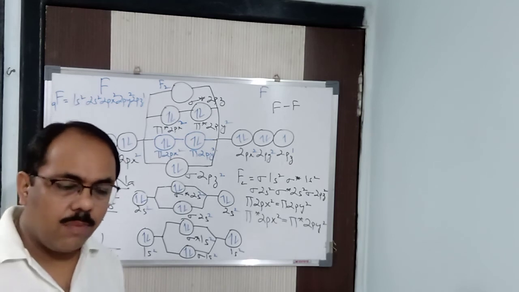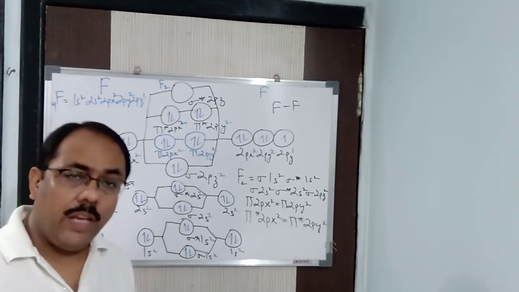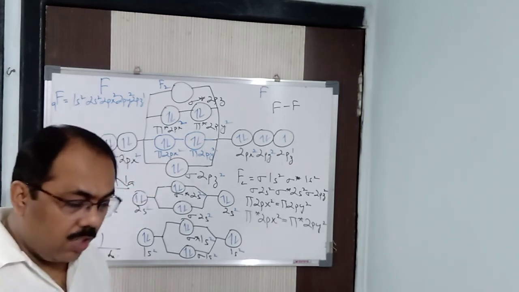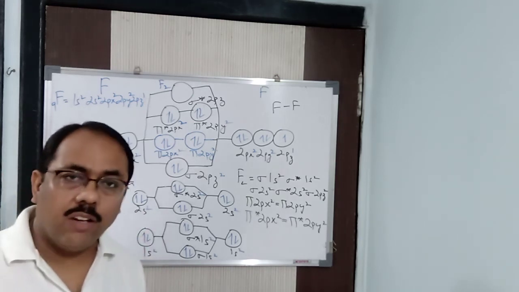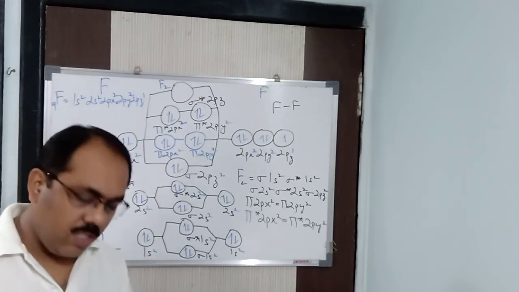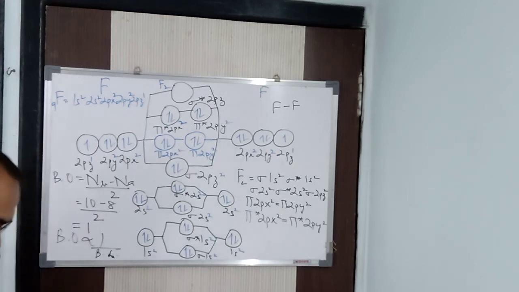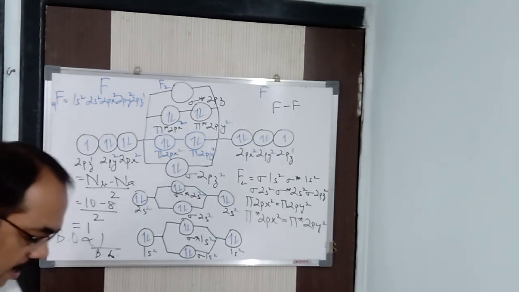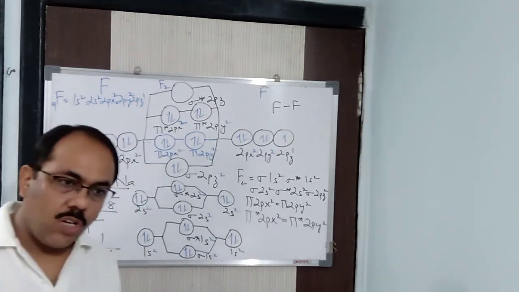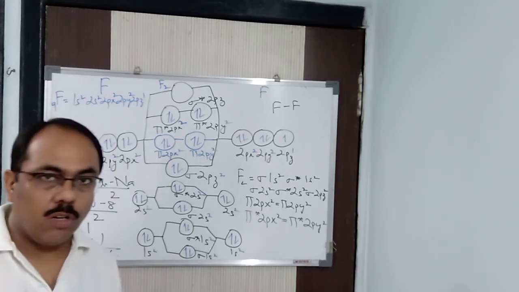It is not necessary that bond order will always be 1, 2, 3, 4. When you do the molecular orbital diagram, you will find that in different molecules it can be fractional. So bond length is inversely proportional to bond order.